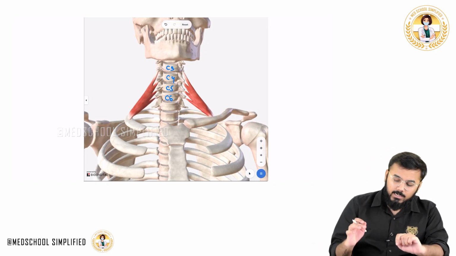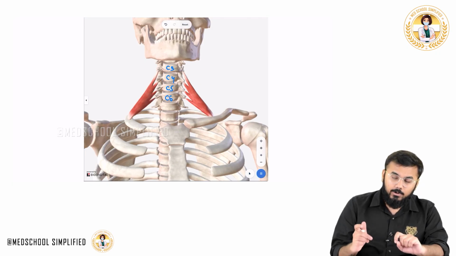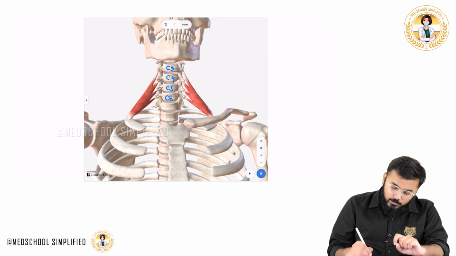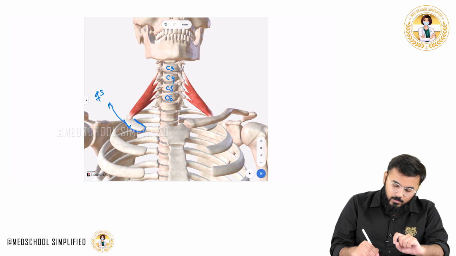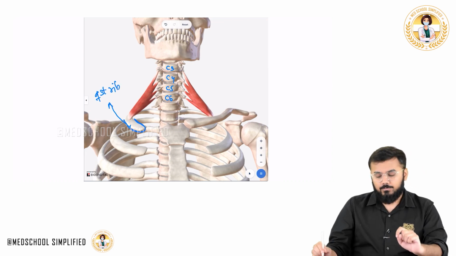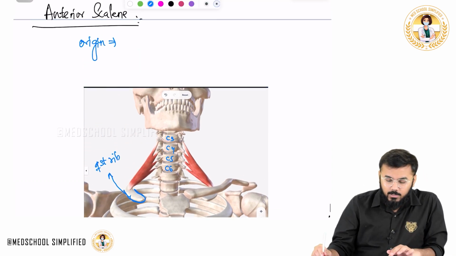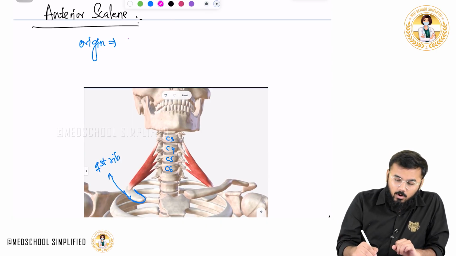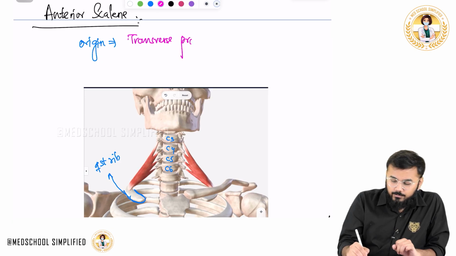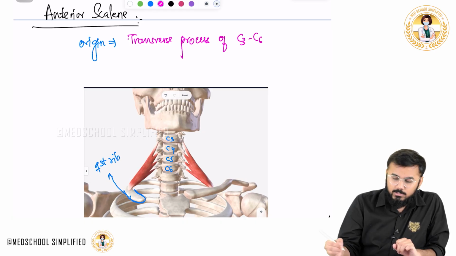So it originates from the transverse process of C3 to C6, and it attaches to this rib, which is called your first rib. So the origin is the transverse process of C3 to C6.